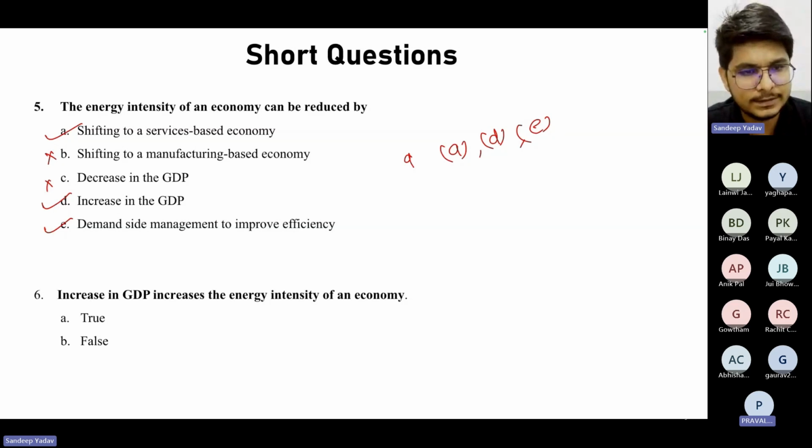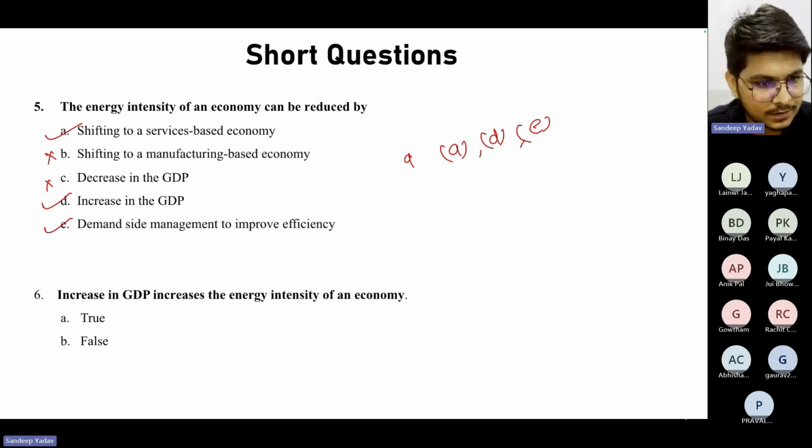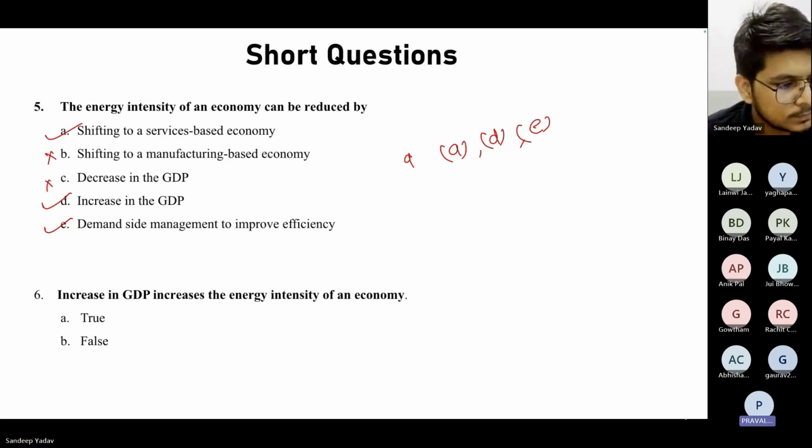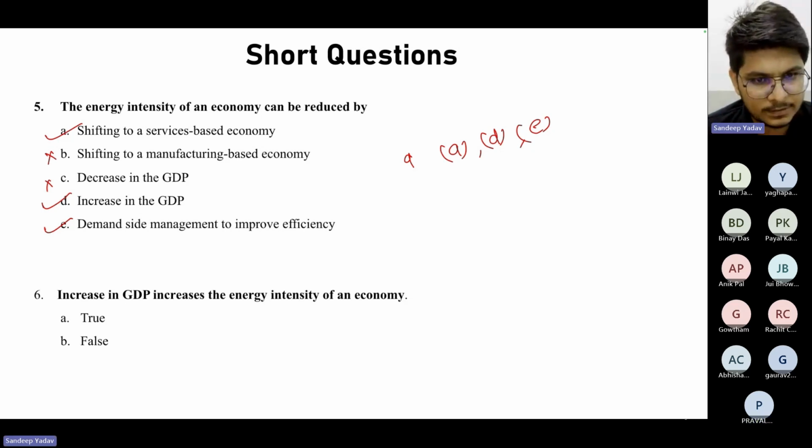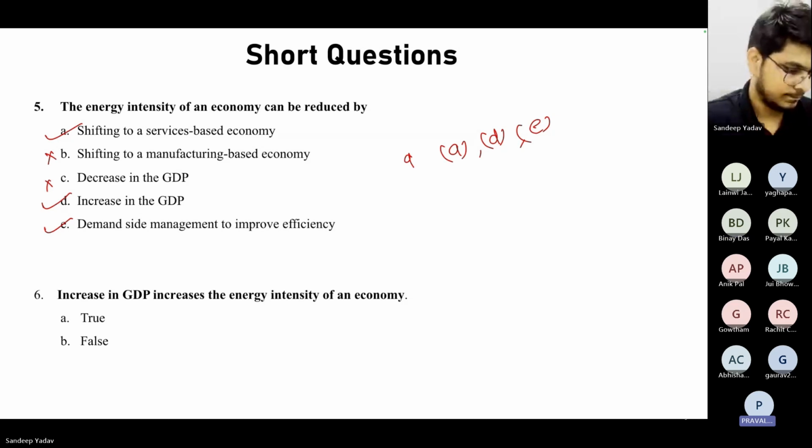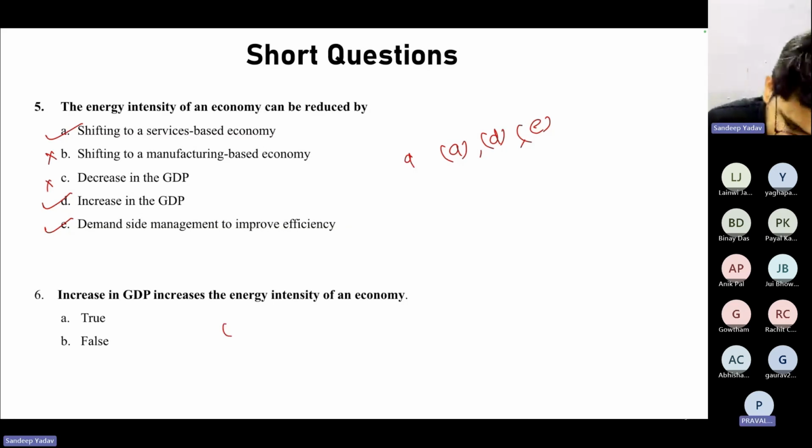Question number 6. Increase in GDP increases the energy intensity of an economy. We've already solved this previously. Increase in GDP increases the energy intensity. Let me explain.